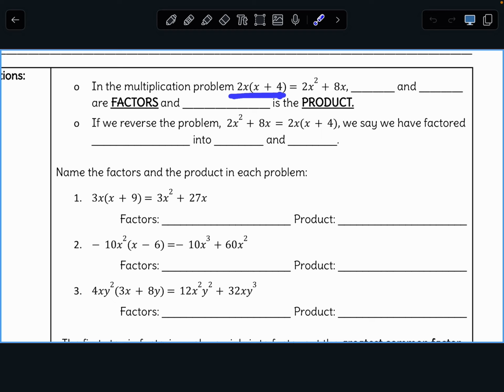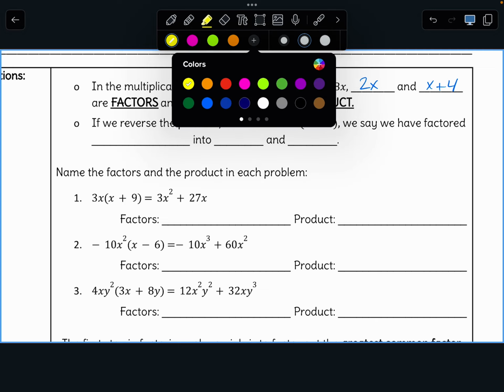2x times the quantity x plus 4, and that equals, when we distribute, 2x squared plus 8x. We did that yesterday. 2x and x plus 4 are the factors.